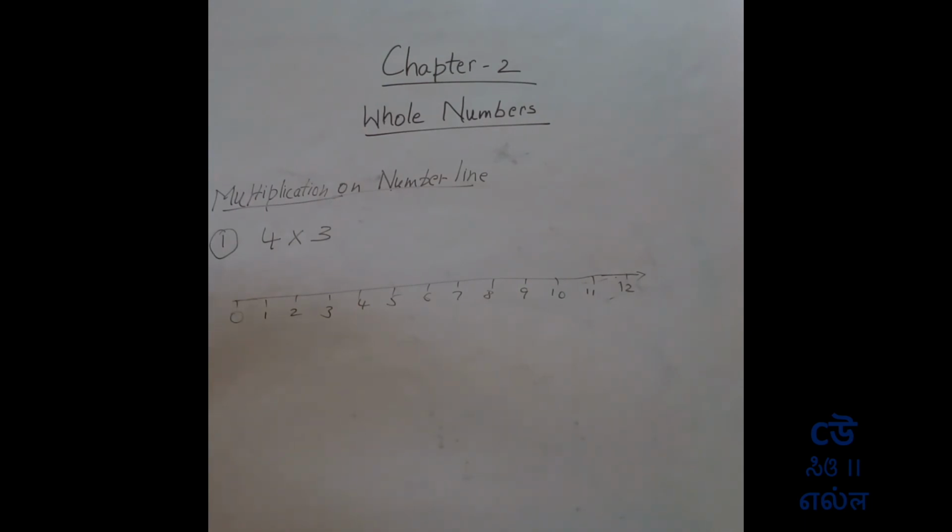In addition and subtraction, we took the first number and started from that number. But for multiplication, you have to start from 0 itself. Keep this in mind. For addition and subtraction, it's different. For multiplication, it's a different way.